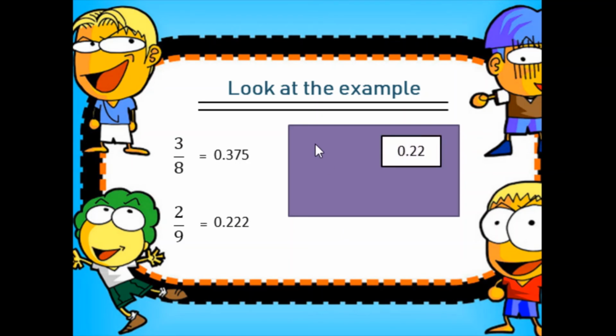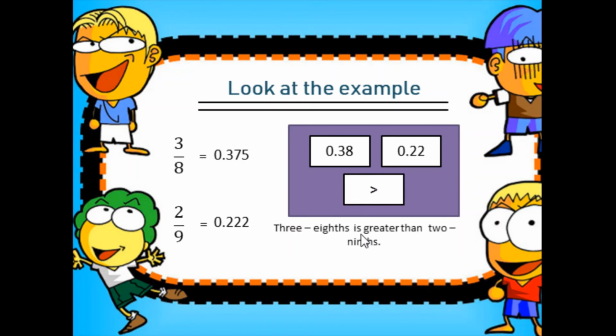Write both the numbers. What's the comparison symbol? Okay, it's greater than. 3 eighths is greater than 2 ninths. Or 2 ninths is less than 3 eighths.